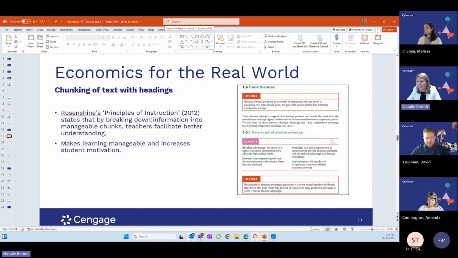The chunking of text with headings makes it lots more digestible for our students, and I think for us as well. Sometimes we're rereading it on the way to the classroom. It absolutely increases their motivation. I think if they can get their way through to the next text box, often that's a little motivator for them. But if they just turn the page and see that whole thing of text, it does turn the learning off sometimes.